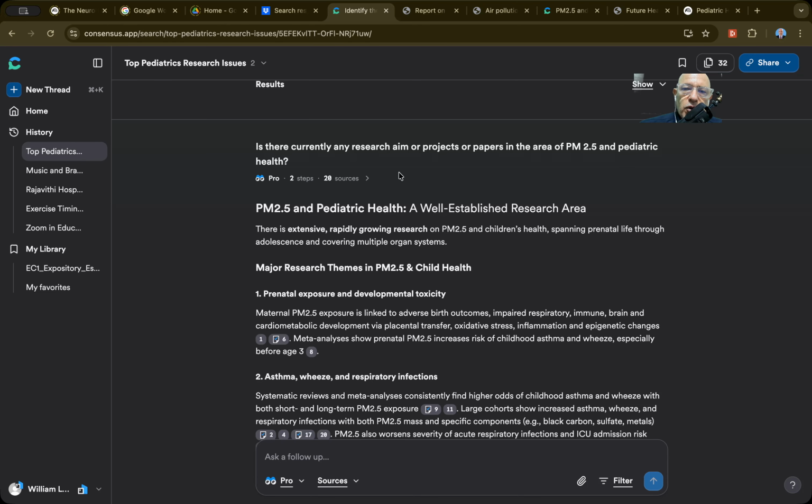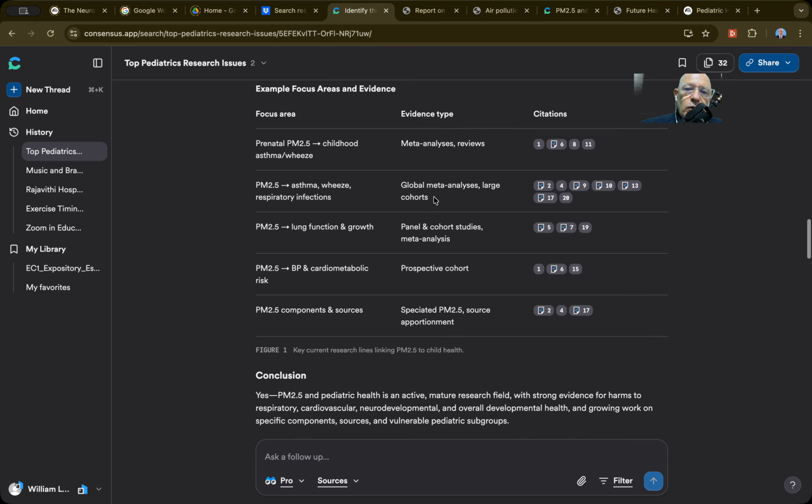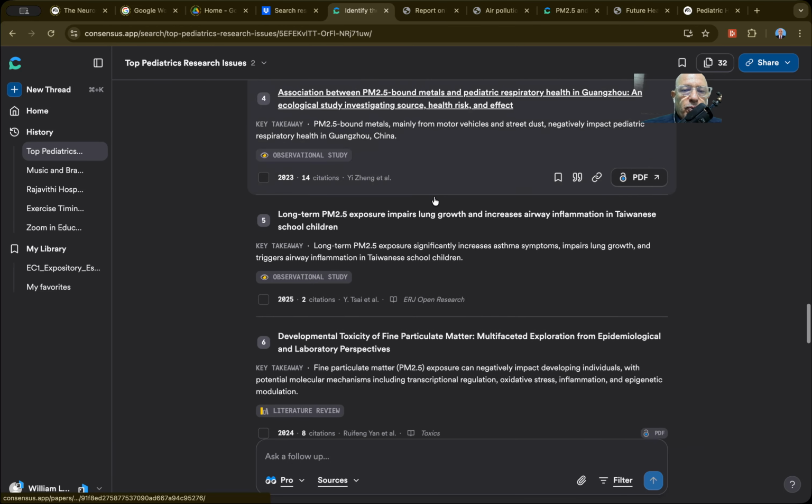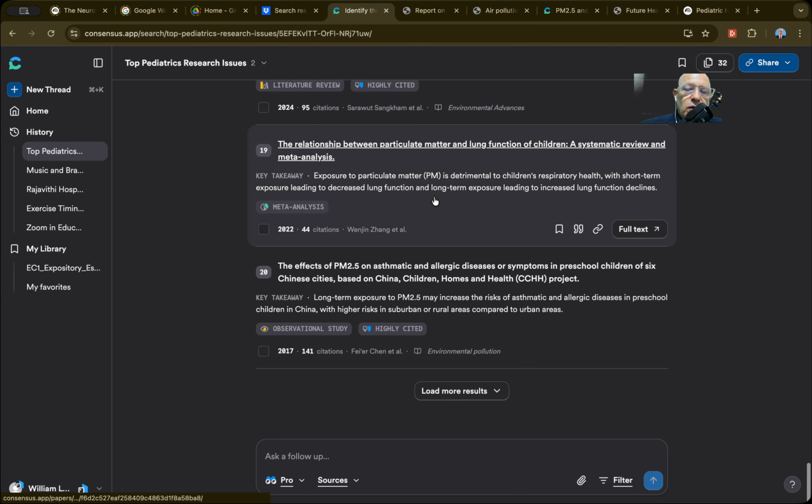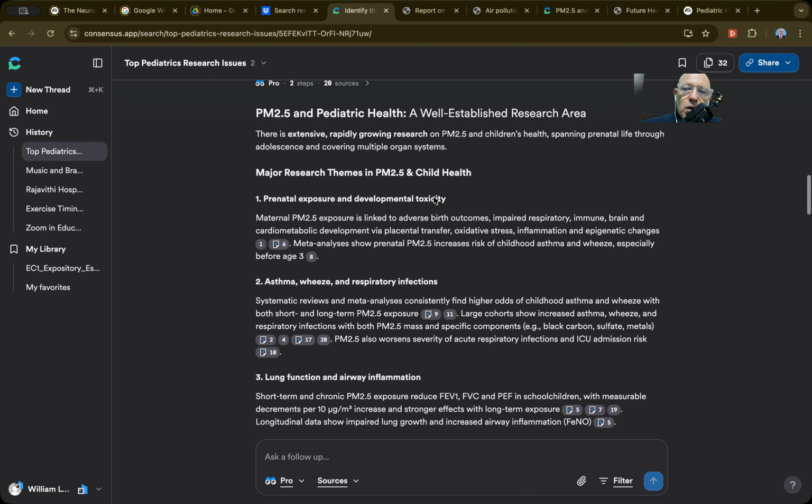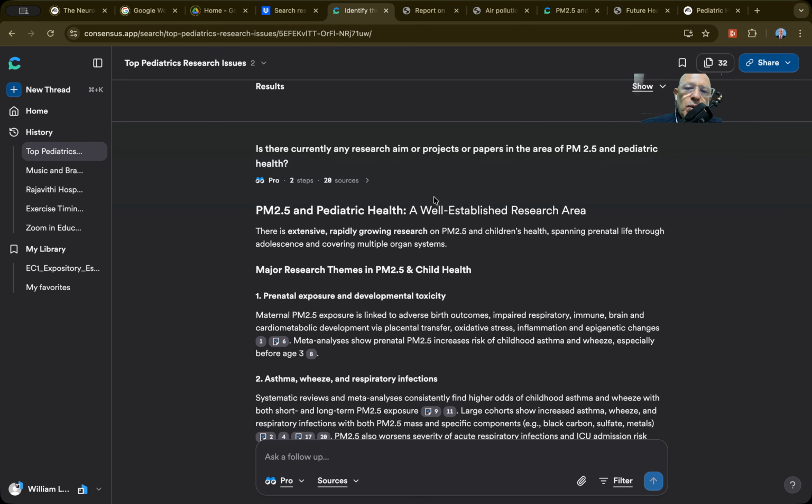Now my next question was, is there currently any research aim or projects or papers in the area of PM 2.5 and pediatric health? And yeah, we've got a host of relevant research done on pediatric health, PM 2.5.